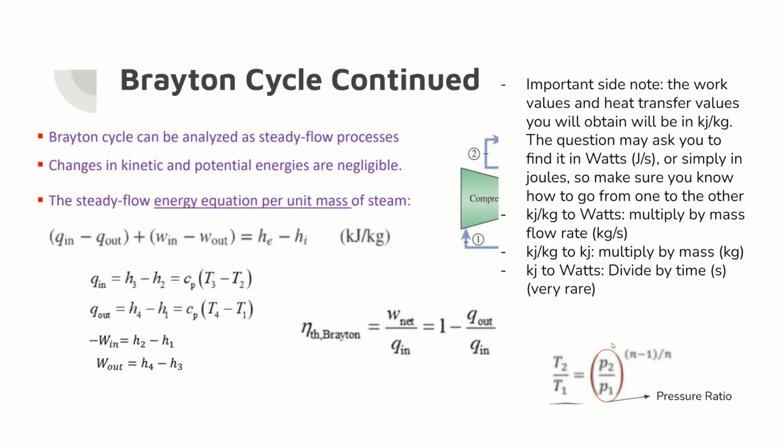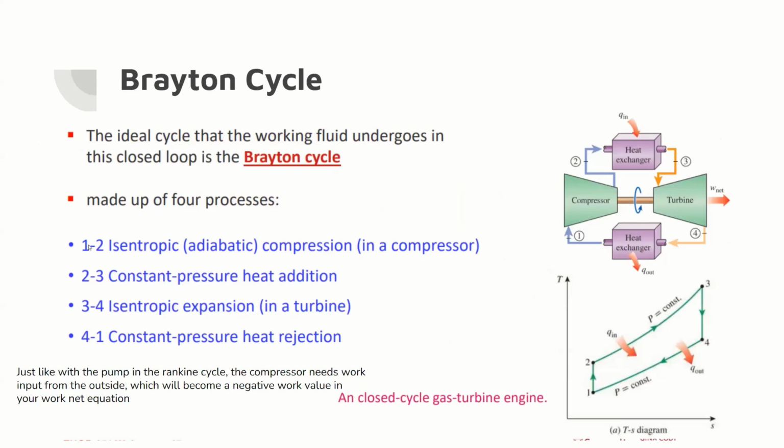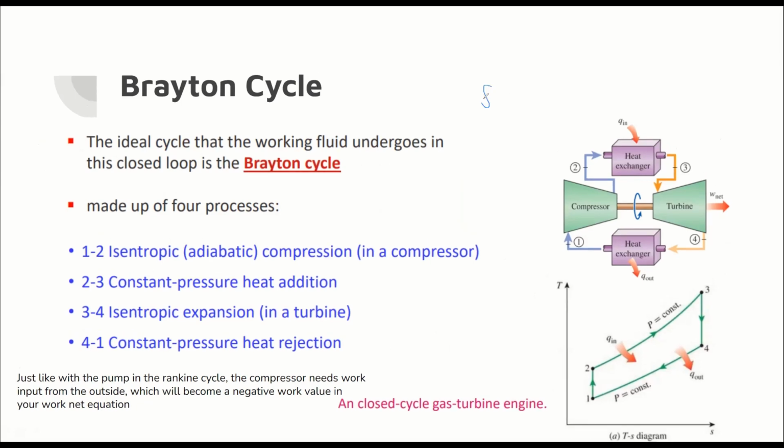They may give you, instead of the pressure from state 1 and state 2, they could just give you the pressure ratio. Say maybe pressure ratio is equal to 8. So you know, from state 1 to state 2, you have a pressure change. From state 2 to 3 or state 4 to 1, you have no pressure change. But state 1 to 2 or state 3 to 4, you have a pressure change. So if you have, for example, a pressure ratio of 8, that just means pressure at state 2 divided by pressure at state 1 is equal to 8.